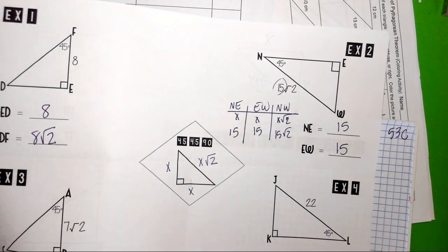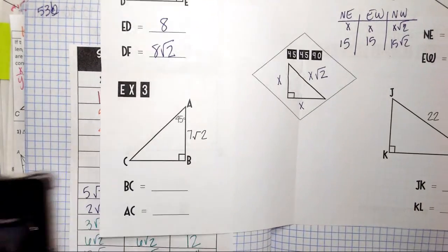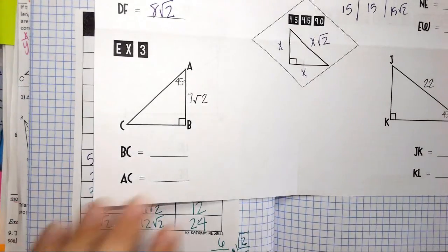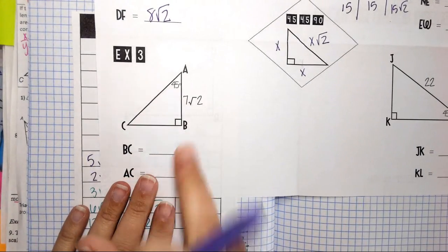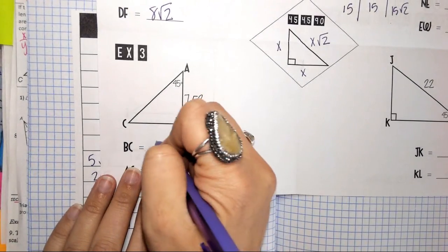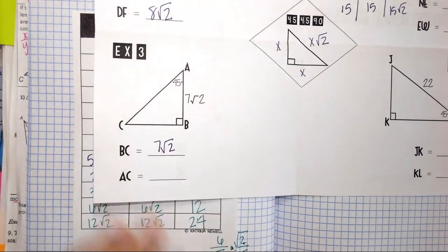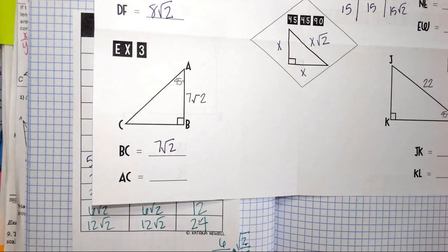All right, let's look at number 3. If it gives you that AB is 7 root 2, what's BC? And here is where some lovely magic happens.